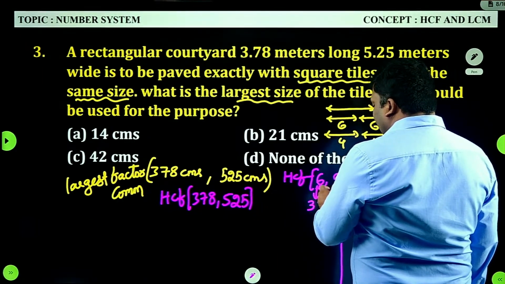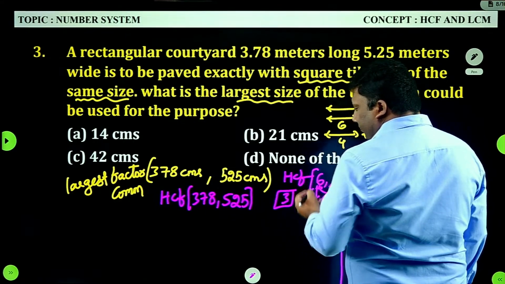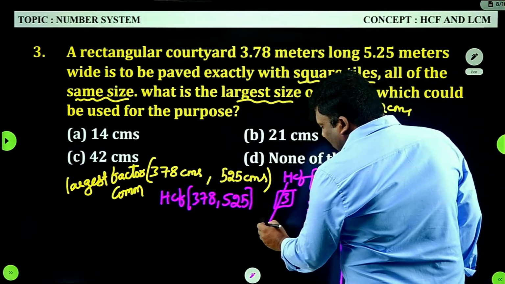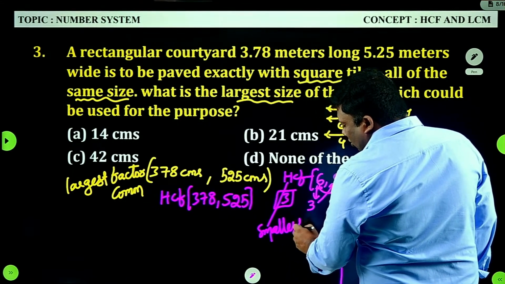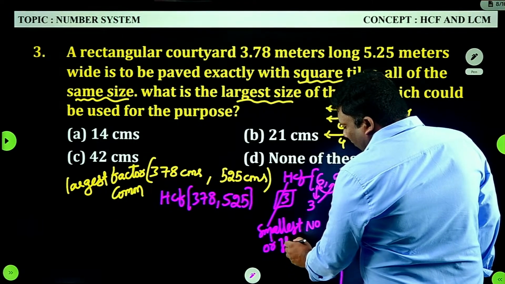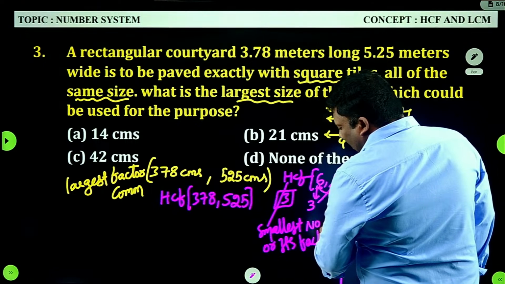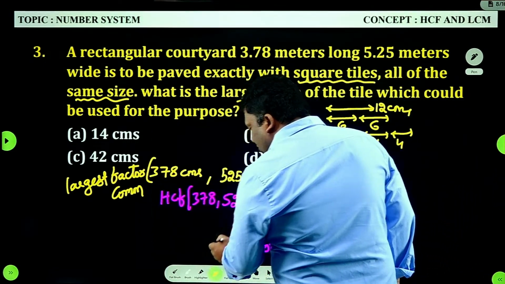Check whether 3 divides 9. Yes. Answer is 3. While finding the HCF, complete attention is on the smallest number or its factors.